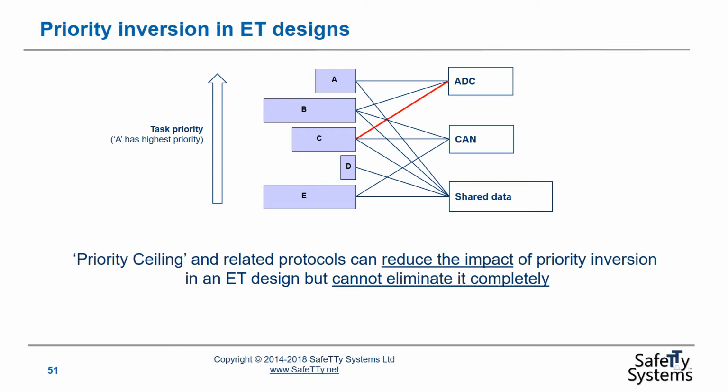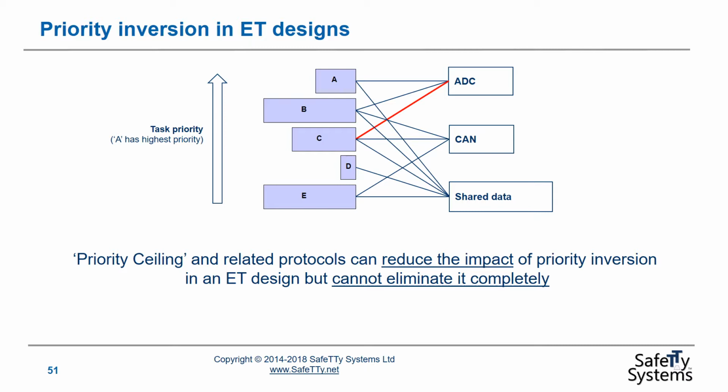So let's assume further that the system is running, the tasks are triggered effectively at random times, and task C is using the ADC unit when task A wishes to use it. So task A is the highest priority task, and we would hope that task A would always have access to the ADC when it requires it.